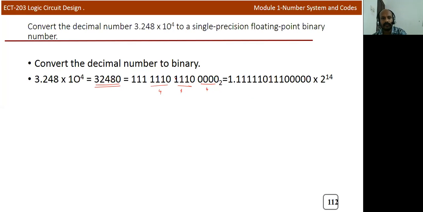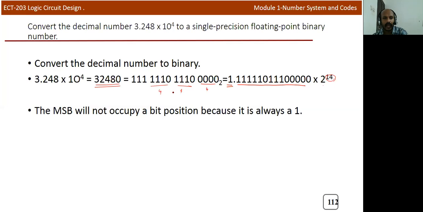When you move this fractional point to the extreme left and write 1 point something, this is the usual way of writing a binary fractional number in a single position. Here you can see the fractional portion, and this is the exponent portion, so 2 raised to 14. The MSB will be pushed out because it's always 1.